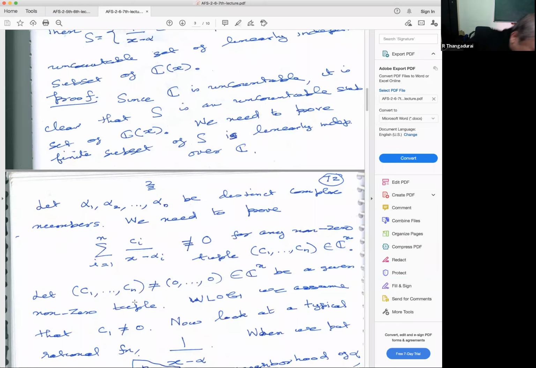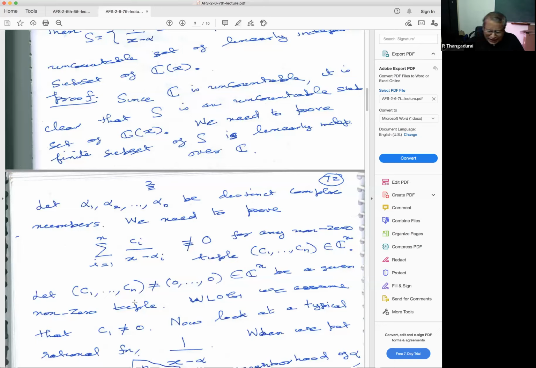In complex analysis, you think of 1 by z minus alpha. This function has a pole at z equal to alpha.